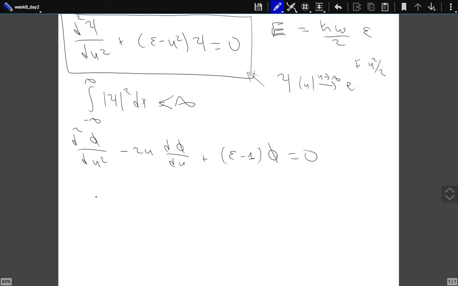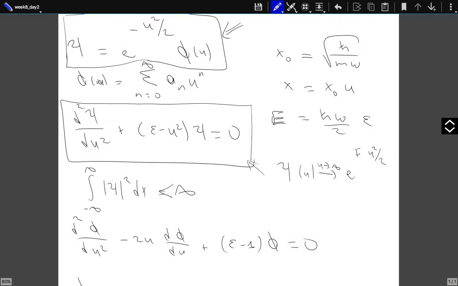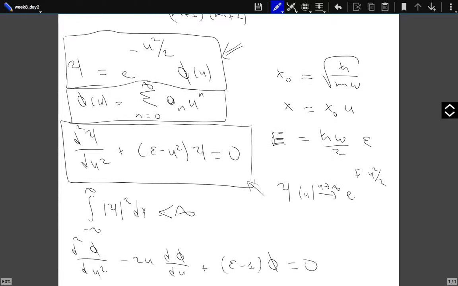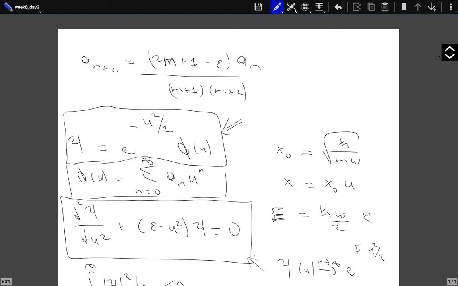Now, let's see. This was my solution. We were looking for the solution of this equation, and we looked for a solution in the form of a series. Phi of u is some coefficient times u to the power n, n from 0 to infinity. And then for these coefficients, the a n's, we obtain what's called a recursion relation.